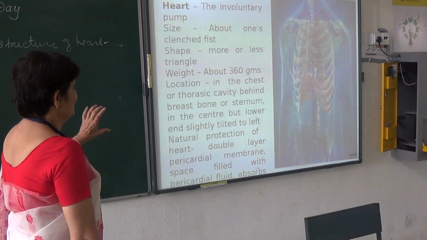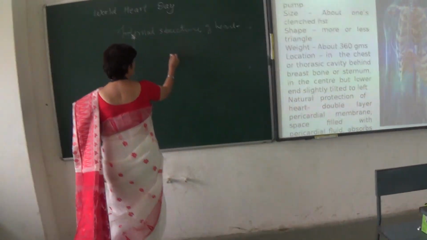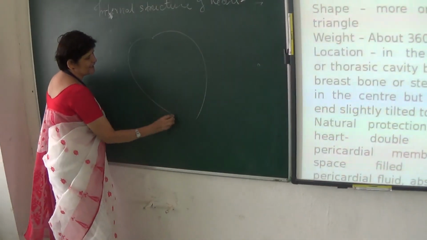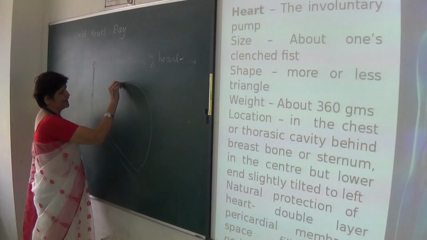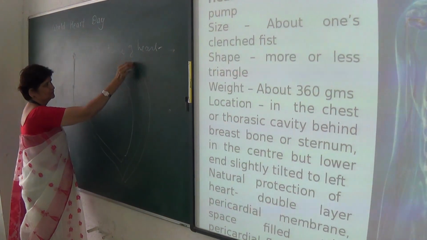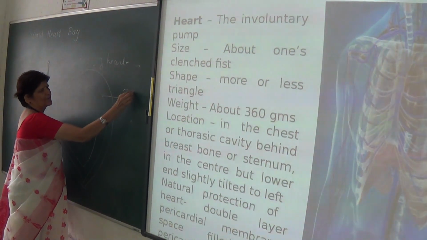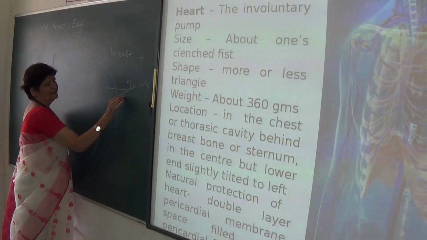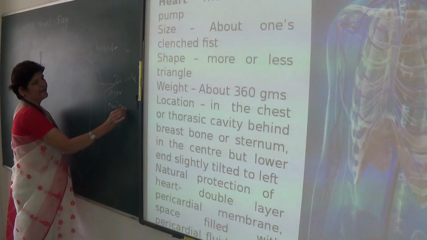Now, around the heart, if we consider that this is the heart, around this heart there is a double layer membrane, like this. Double layer membrane, that is called as pericardium.